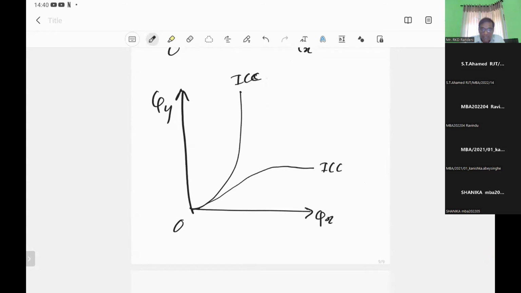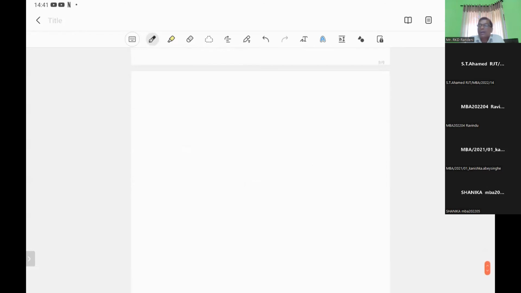According to this ICC curve, X is necessary and Y is luxury. According to this curve, Y is needed, necessary, and X is luxury. Right.